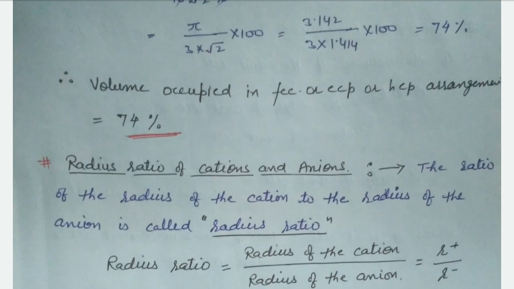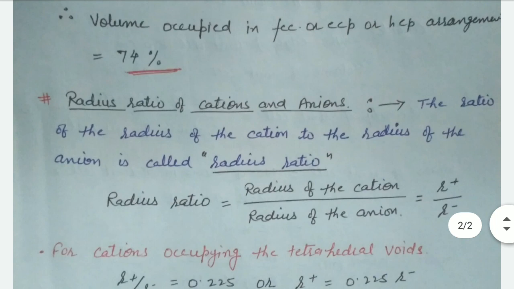In a solid, cations are present at the ABC or AABB arrangement, while anions are present at the vacant spaces or voids.